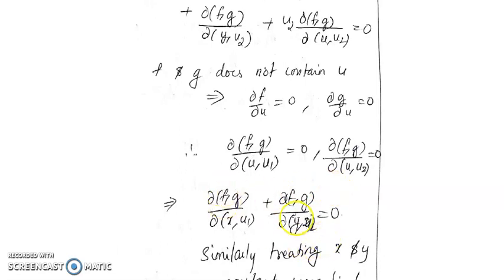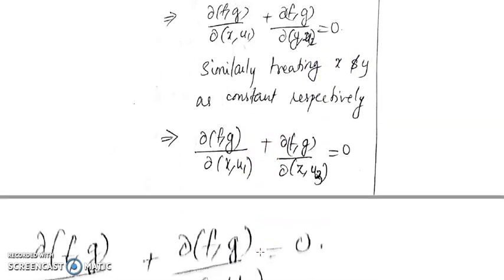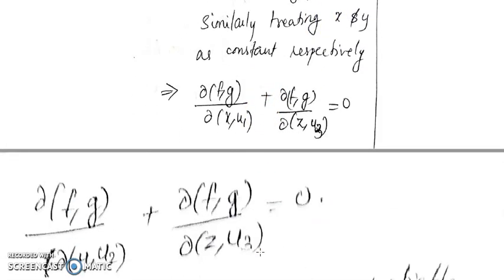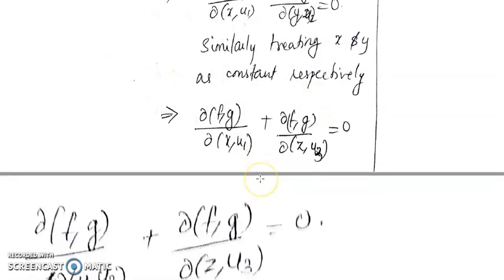So if you are considering z to be a constant, and similarly if we take x and y as constant respectively, so if x is a constant, you will get a condition involving y and z. Similarly you can take y to be a constant, so that will give a condition involving x and z.